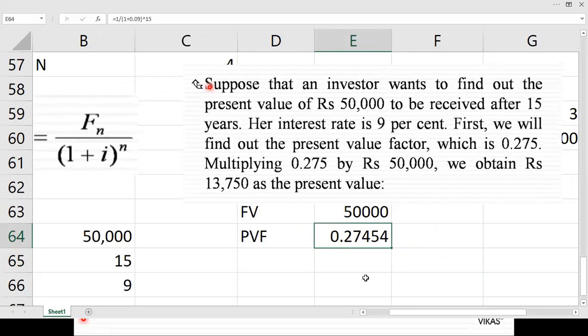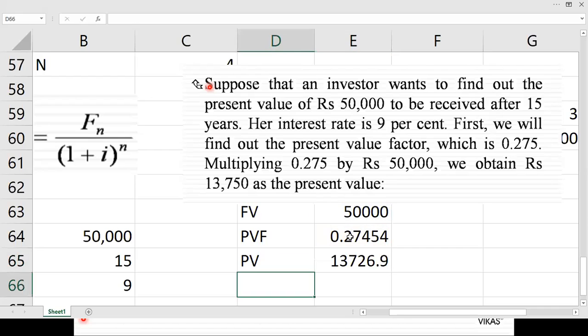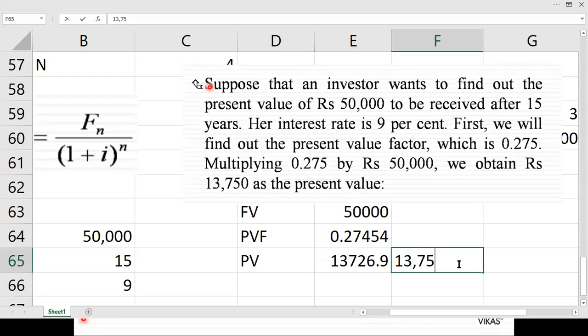It is 0.27454. Then the present value equals this value multiplied by 50,000, which gives 13,726 here. In the book answer, it gives 13,750. Our answer is different.